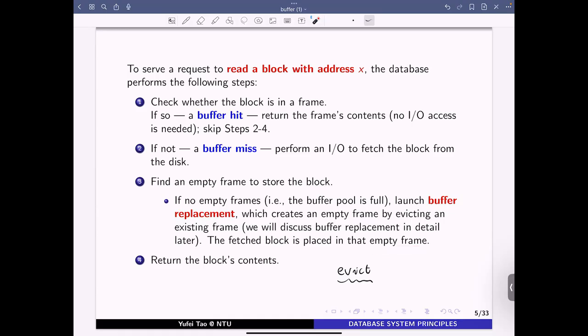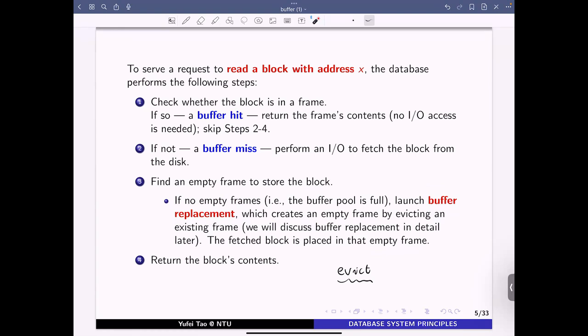So here, clearly, there's something non-trivial going on. There's buffer replacement, and this has a big impact on the performance of the buffering. We're going to talk about this buffer replacement later, but at this moment, you can treat it as a black box.